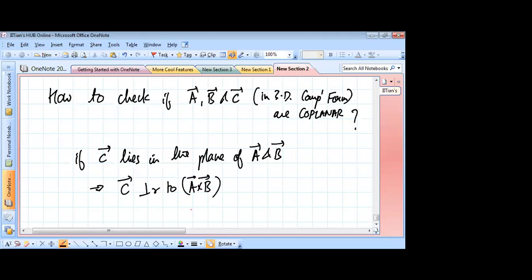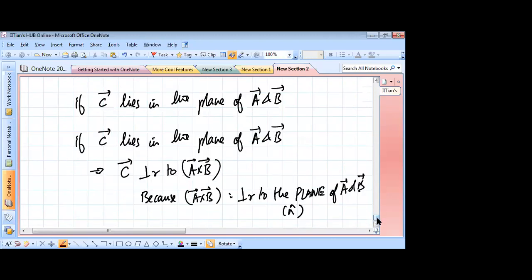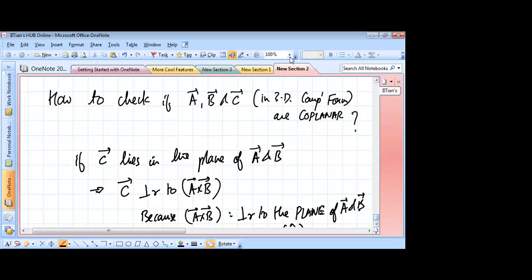Understanding the point? Because A cross B is perpendicular to the plane of A and B. By definition, it's along n cap, unit vector. It's perpendicular to the plane. So first of all, make sure you're clear about this statement. Understand this.